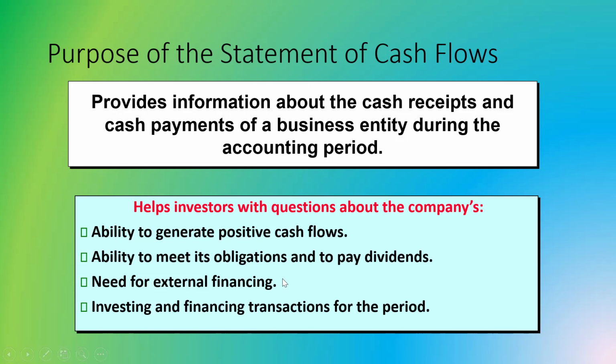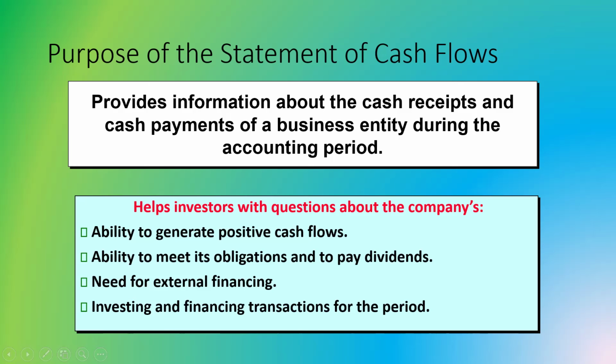Then the need for external financing. This means that this statement helps investors determine if the company will need more funding or if it can finance itself from its own cash. The next is investing and financing transactions for the period.